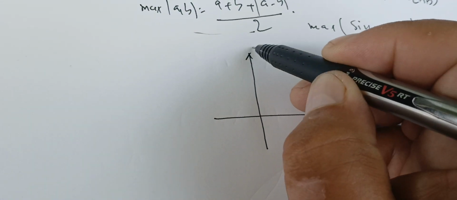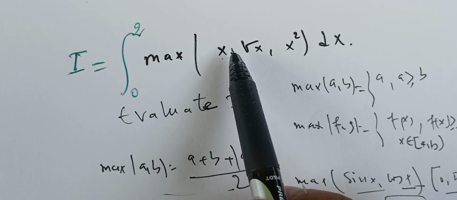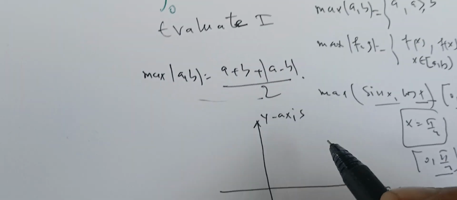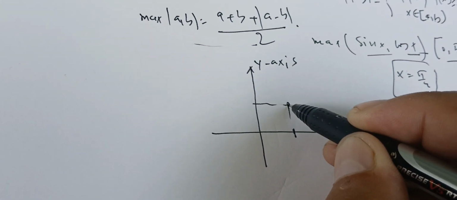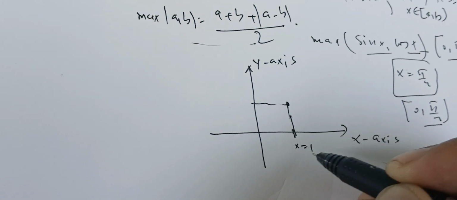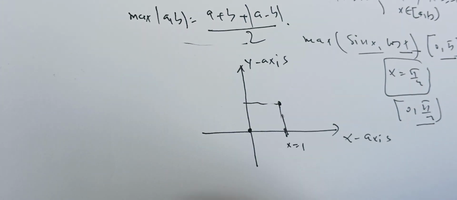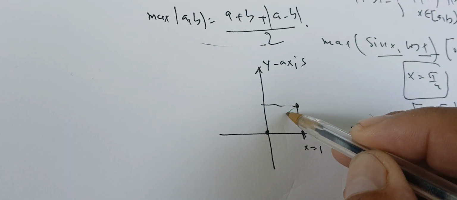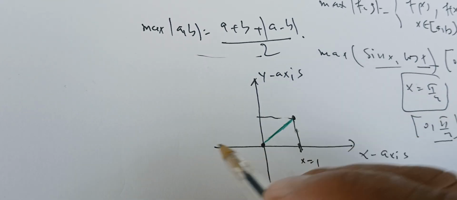One thing to note is that when x is 1, all these 3 functions have the same value, which is 1. So this is x equals 1. When x is 0, all the 3 are 0. So we know the graph of x. This is this segment here, or the line.